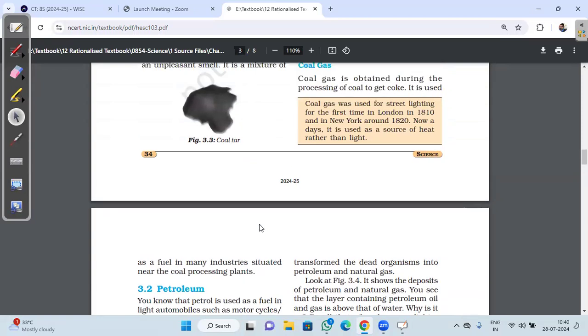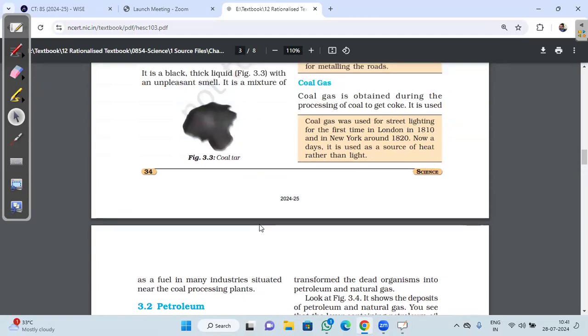The coal gas is not very beneficial, but if it's available at low cost, those industries located near the coal plants get it at a low cost and can utilize coal gas as a power resource.